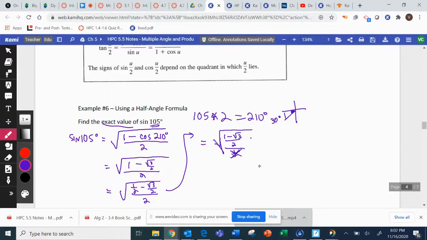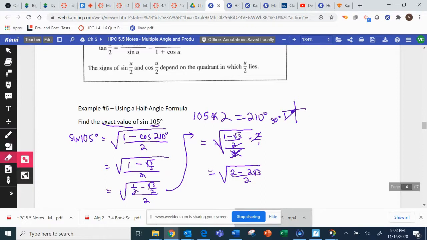So I've got the square root of 2 minus 2 radical 3 over 2. I guess I could just cancel these.